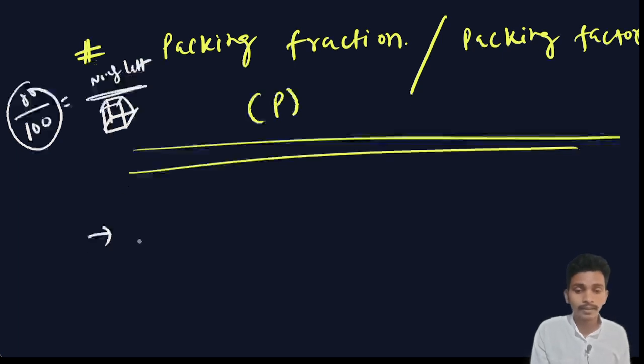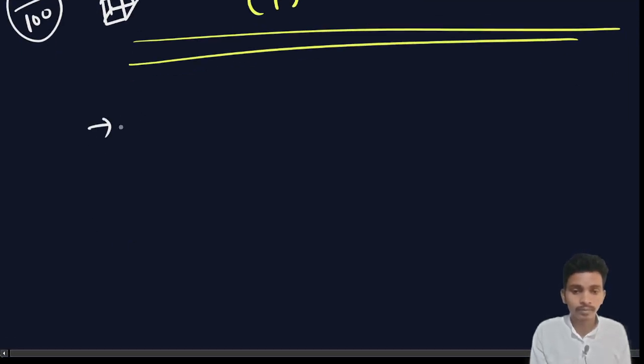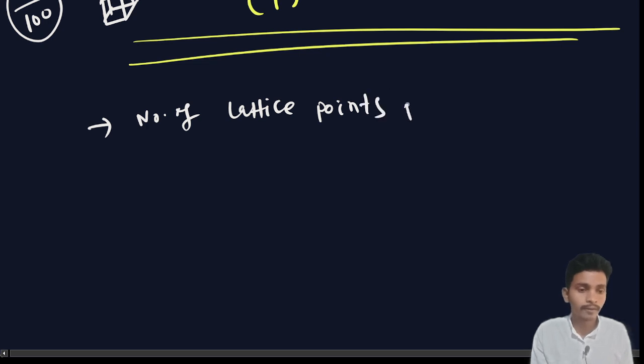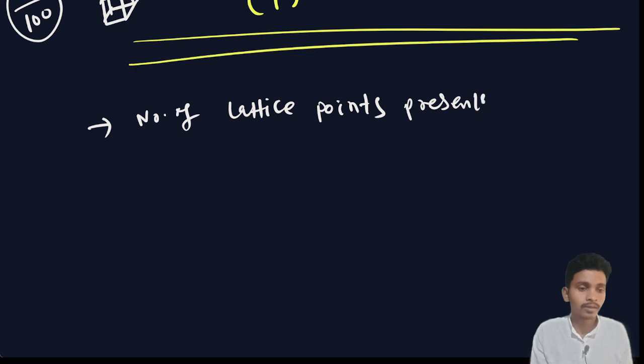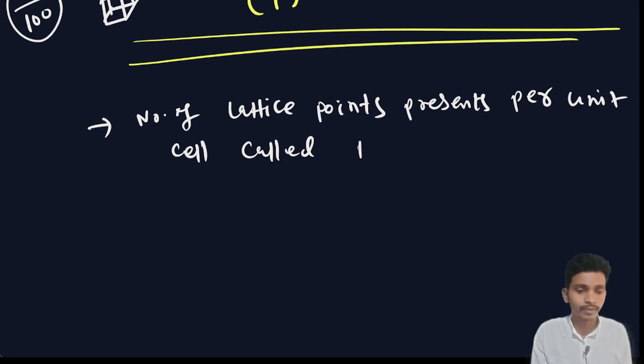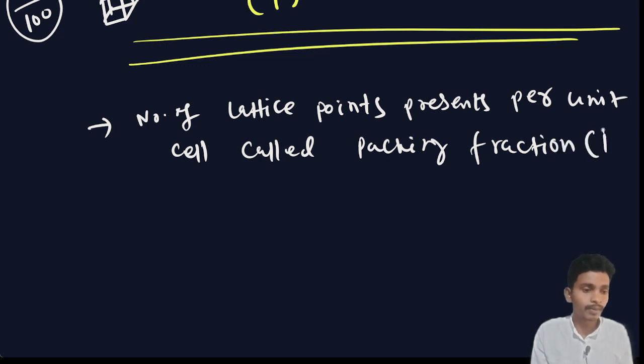So if you define it, the number of lattice points present for a unit cell is called the packing fraction, and it is represented by P.